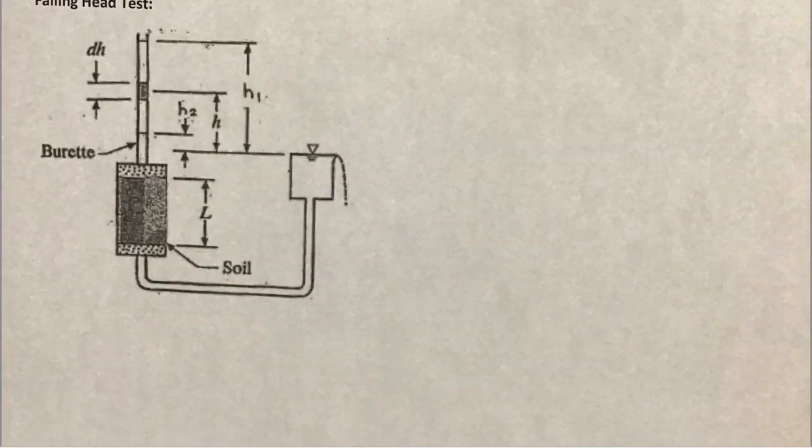So the falling head test apparatus is very similar to what we used in the constant head test. We still have a cylindrical soil specimen, as we are seeing in this diagram, of length L, and its cross-sectional area is going to be capital A. Then we have one end of it, in this case the bottom, connected to a constant head water supply or water reservoir.